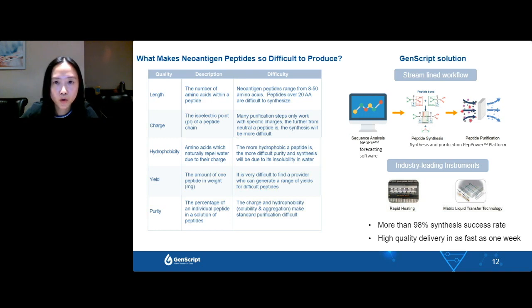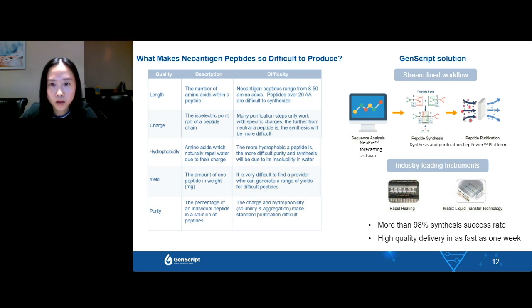And for the GenScript solutions listed here, we have a streamlined workflow. First, we have our pre-forecasting software to evaluate how difficult the peptides can be to produce.